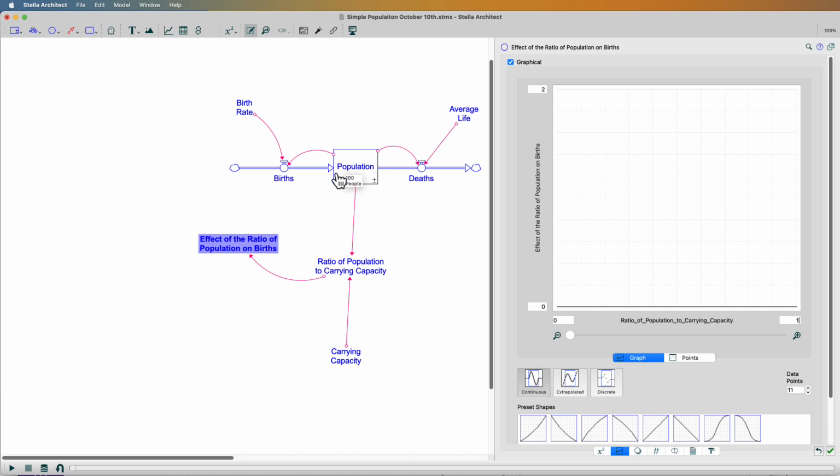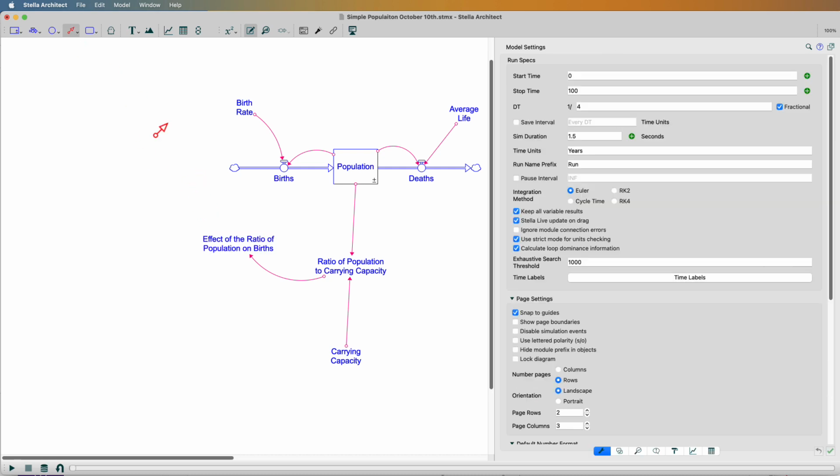And if you think about it, when this reaches carrying capacity and this ratio is 1, if this is a hard limit, then what should be happening is my births should be really going to 0, basically, right? If it's a hard limit, as I approach that 450, I should not be having any more births if this is a hard limit.